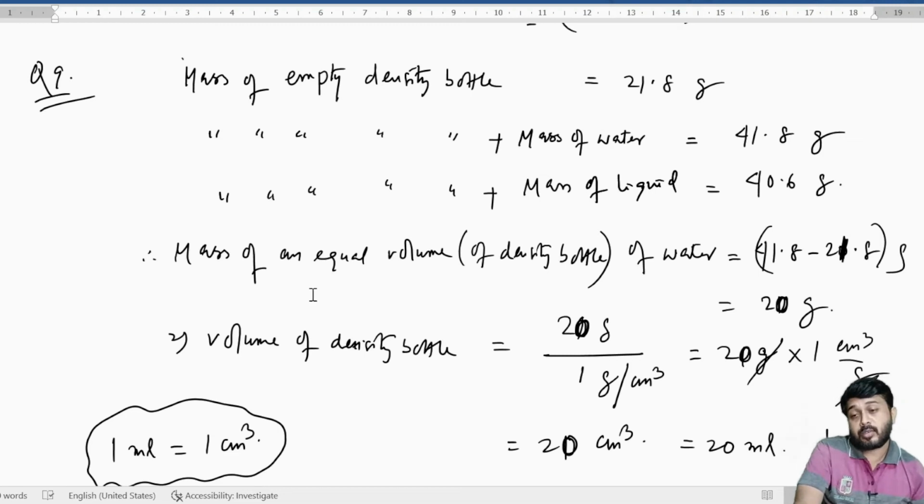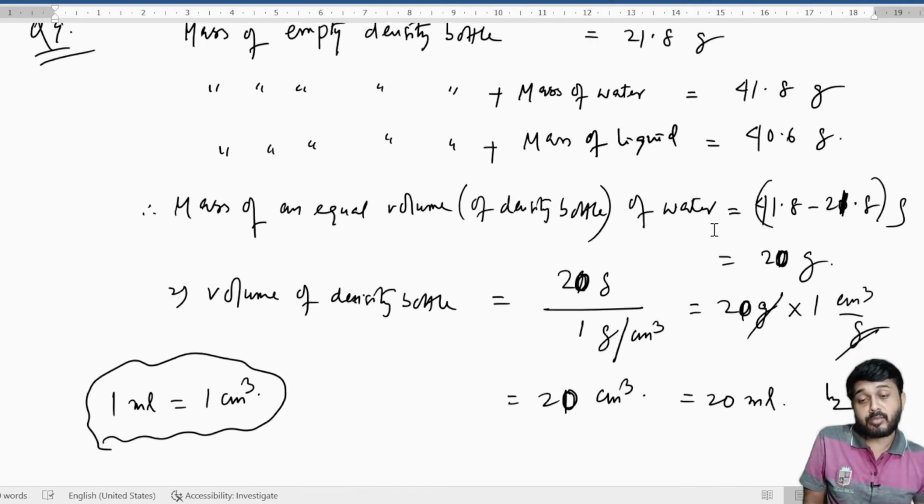Mass of the liquid we can find out by subtracting 21.8 gram from 40.6 gram. See, mass of empty density bottle is 21.8 gram. Mass of empty density bottle plus mass of liquid equal to 40.6 gram. So if you subtract this 21.8 gram mass of empty bottle from the mass of empty bottle plus mass of liquid, you will end up getting the mass of the liquid, right?